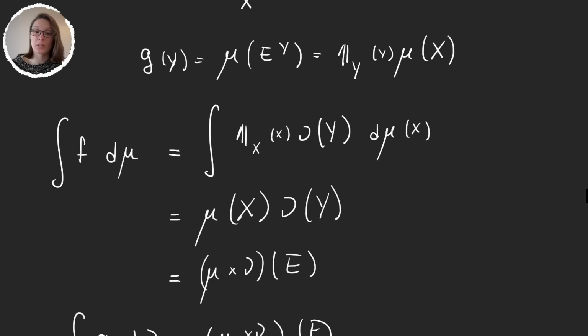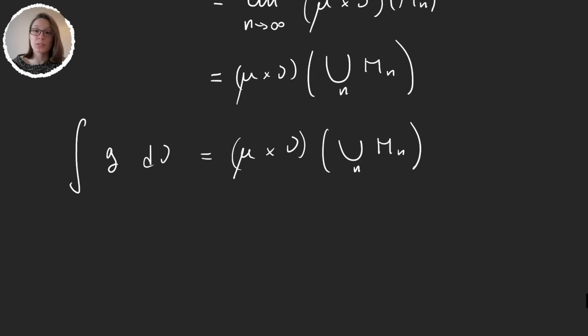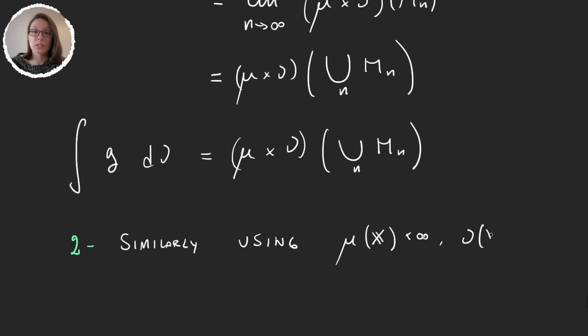Again, we're going to use the monotone convergence theorem, but we will need one extra fact. To prove 2, it will follow similarly by the monotone convergence theorem, and now it will be essential that we use that the measure of x and the measure of y are finite because we have an intersection.